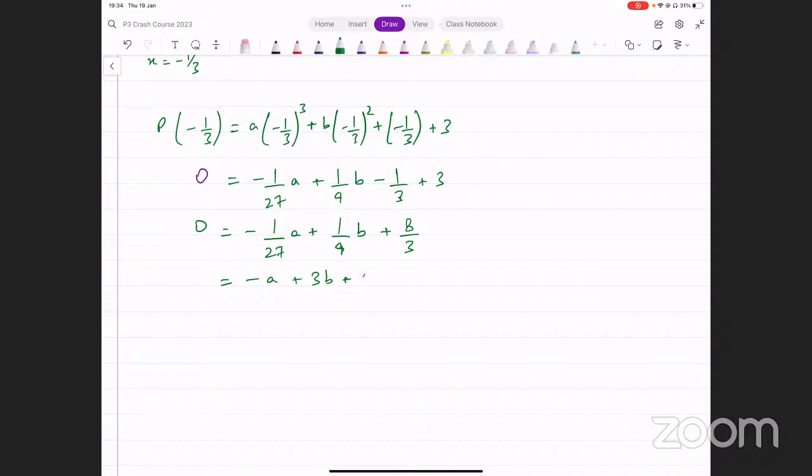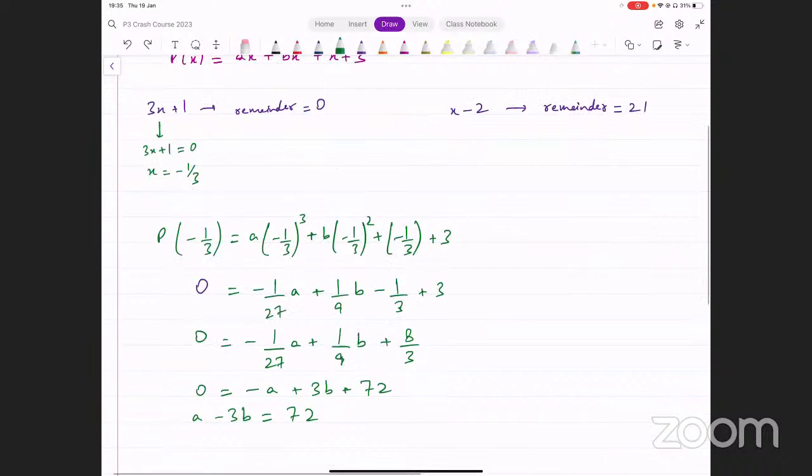What's that? That is 72, I think. And from this, we get one equation, which is a minus 3b equals 72. Okay. Now, this is one equation, and we have two unknowns. We can't really find the values of a and b directly from this equation. We'll need some more information.